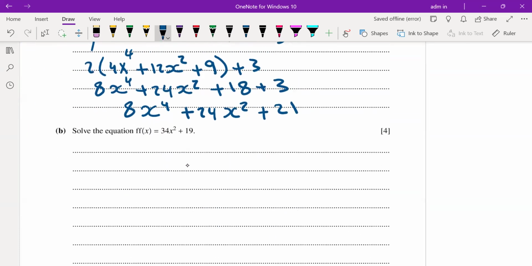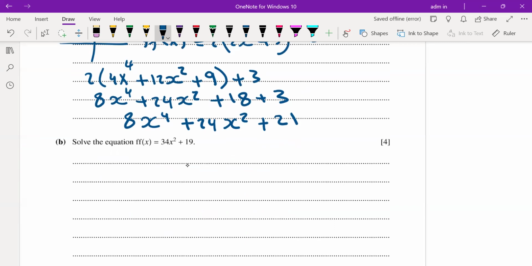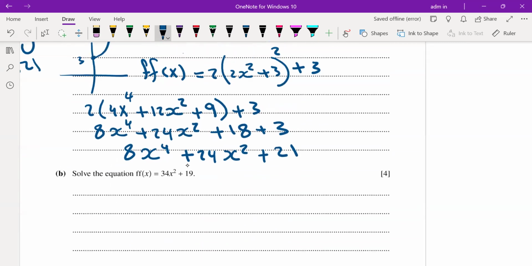Part B, solve the equation f of f of x equals 34x squared plus 19. F of f of x found in the previous part, 8x to the power of 4 plus 24x to the power of 2 plus 21 is equal to 34x squared plus 19. We name this type of equation a complex quadratic.